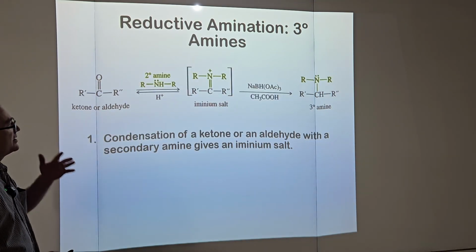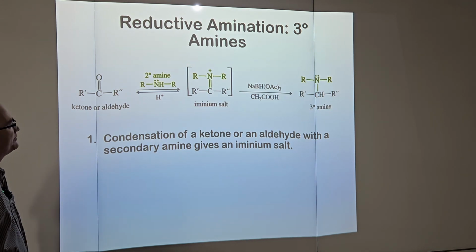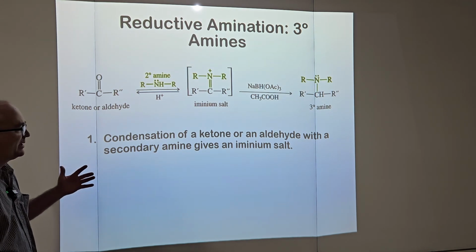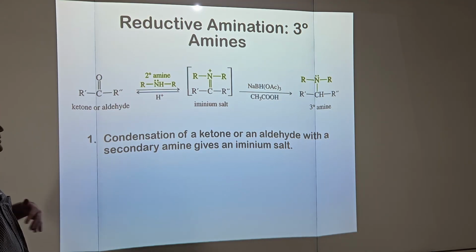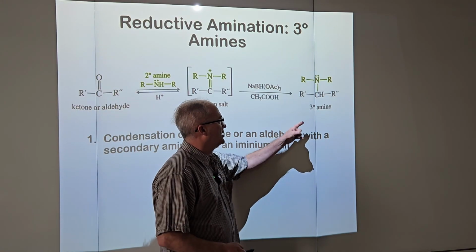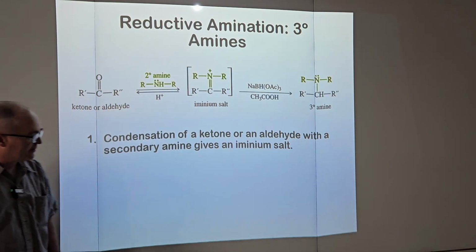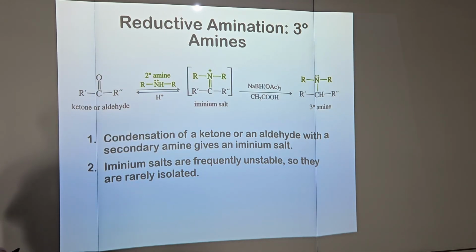And you see this is kind of general. We did an oxime. You probably do about the same thing with just ammonia. Then we did an alkylamine. Here's a dialkylamine. So here is a tertiary amine. And of course we end up with nitrogen with 4 bonds. And you do it in the same flask and just add the second reagent.